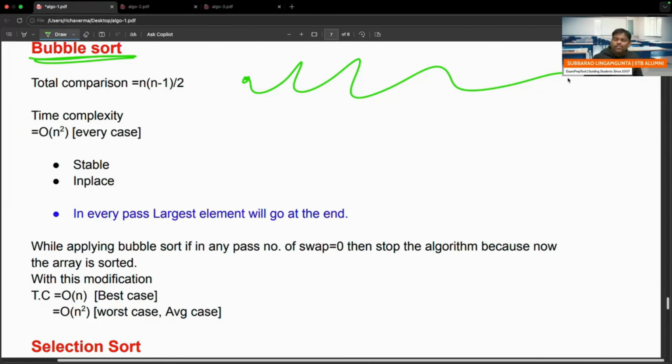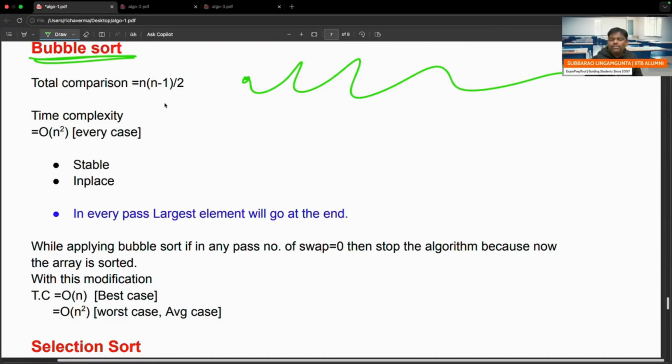Lastly, it is the sum of n-1 natural numbers. First time, n-1 comparisons, second time n-2, the sum of n-1 natural numbers. The sum of n natural numbers is n into n plus 1 by 2.